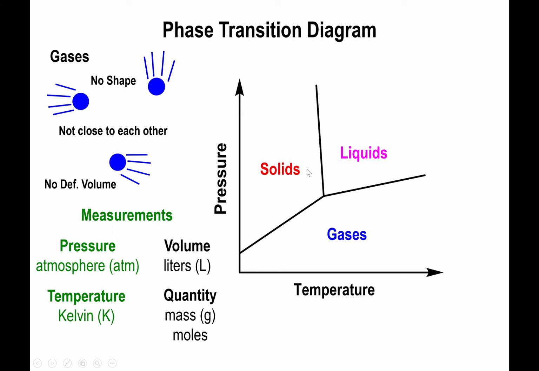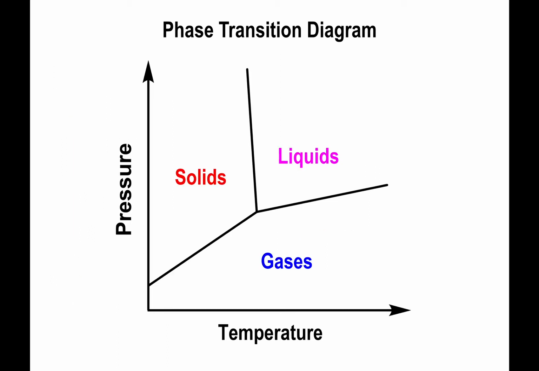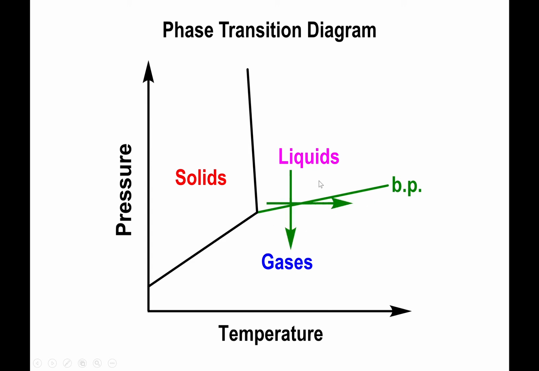On the upper portions is where you have the solids and the liquids, and transitions can actually happen between these particular states. So for instance, if you look at the liquid-gas transition, what we're really looking at is the boiling point of the substance. And you can go from a liquid to a gas by undergoing one of two different transitions, or perhaps both.